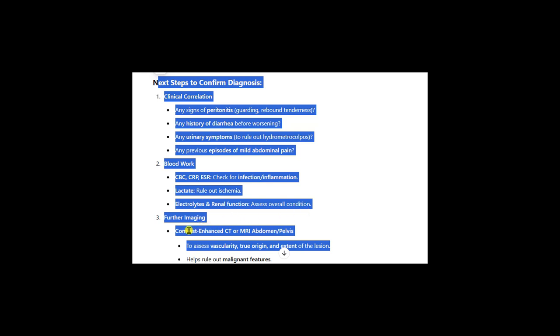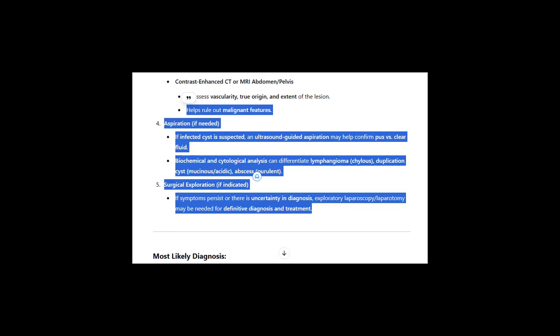Further imaging: contrast enhanced CT or MRI abdomen/pelvis to assess vascularity, true origin, and extent of the lesion. Helps rule out malignant features. Aspiration, if needed. If infected cyst is suspected, an ultrasound-guided aspiration may help confirm pus versus clear fluid.